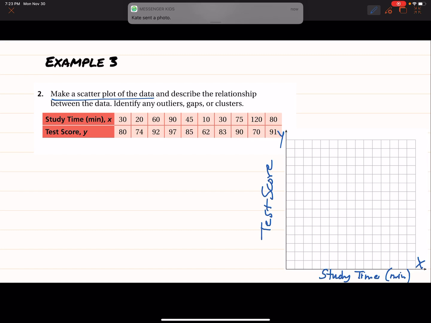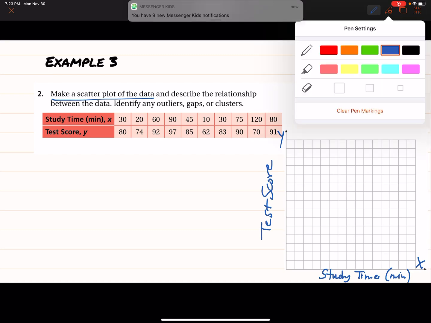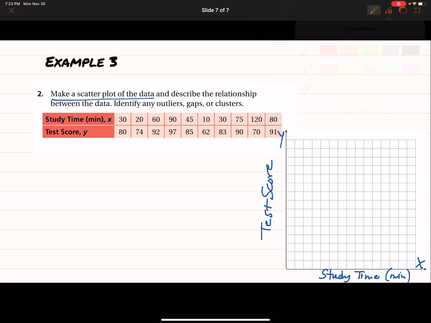Now, one other thing here. When we are talking about this, we want to go ahead and look at intervals. So if I'm looking at my X, I see a range anywhere from 10 up to, looks like 120. So I could go by intervals of 10, and I may not want to label each one of these.